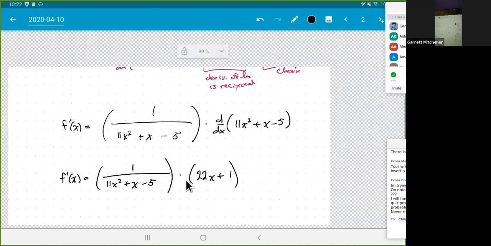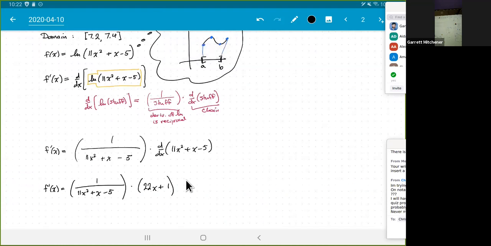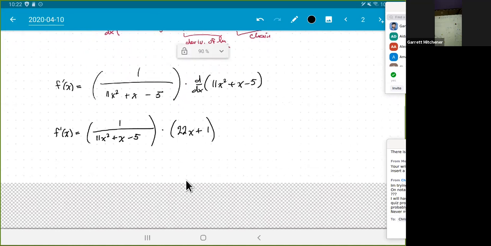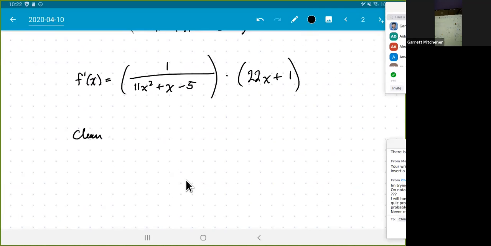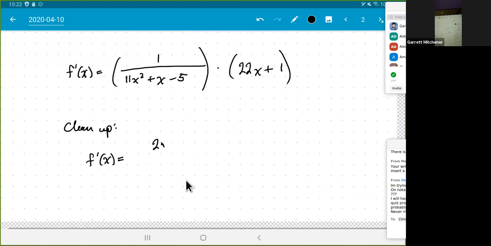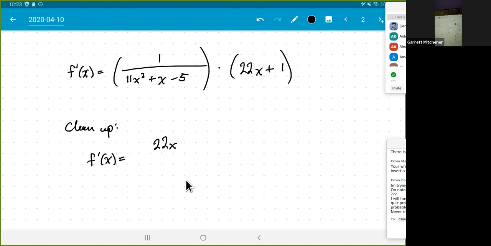Okay, so let me just take a quick look at all this and be sure that we've done everything correctly. And if you like, you can clean this up. F prime of x is, and just put all of that together into a single fraction.